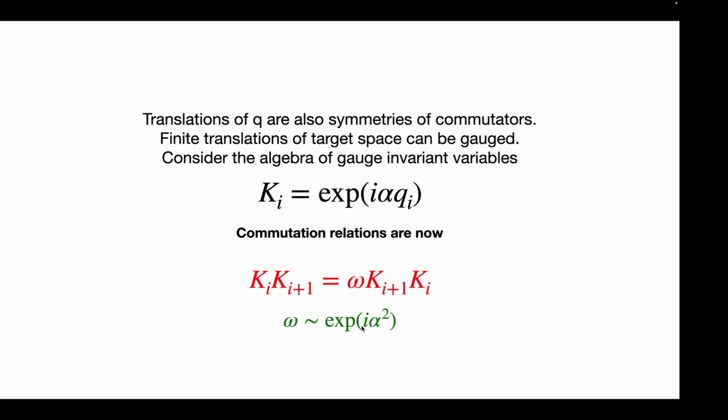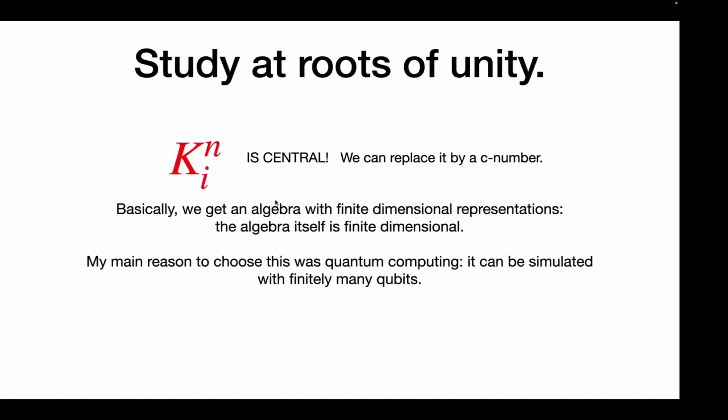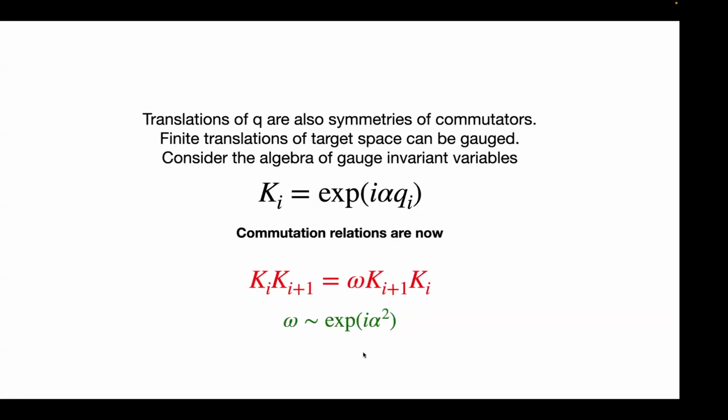So alpha is real, this is a unitary number, and then something nice happens if omega is a root of unity, because then if I take an nth power of K, it becomes a central element of the full algebra, and therefore I can declare that central element to be identically equal to 1.